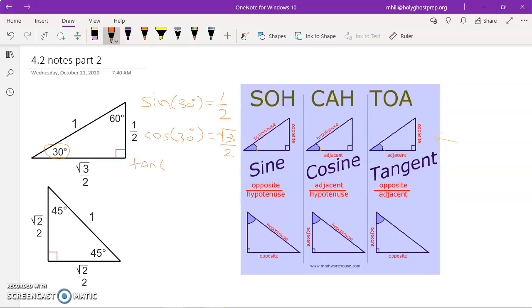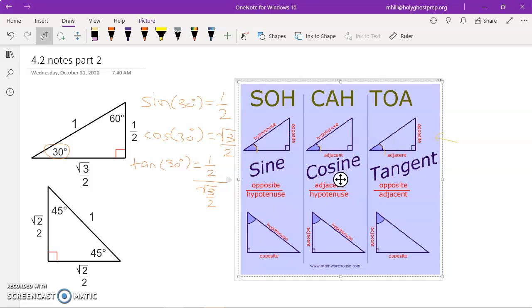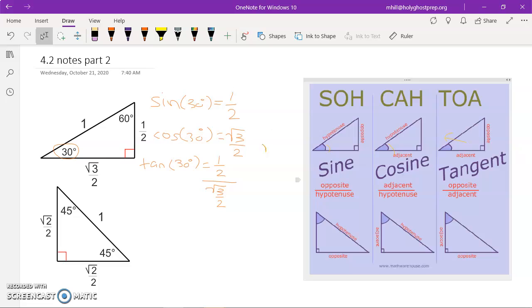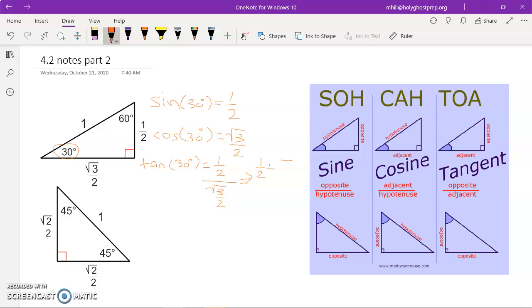We don't need to put over 1 because we know that that's just going to be the original numerator. Tangent of 30 degrees is opposite 1/2 divided by adjacent √3 over 2. So for this one, we have a little bit of work to do. So this one here, that means 1/2 divided by √3 over 2. When you divide by a fraction, you flip the divisor and change it to multiplication.